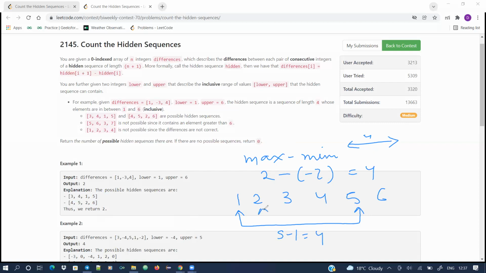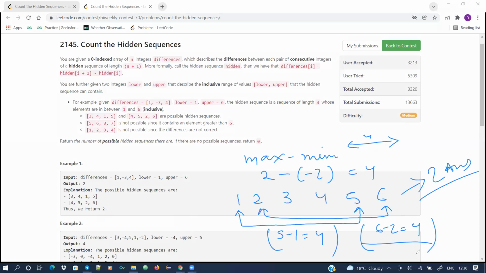If we take 2 as the starting point, then 6 will be the maximum, because 6 minus 2 is 4. So 2 will be the answer, because 2 such pairs are possible.